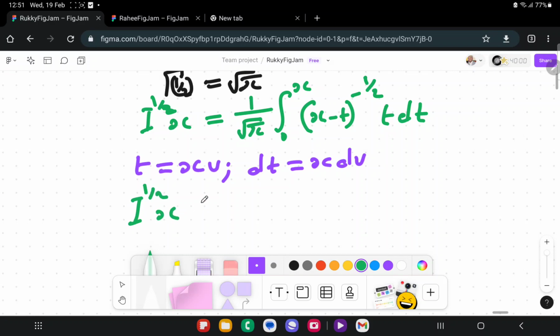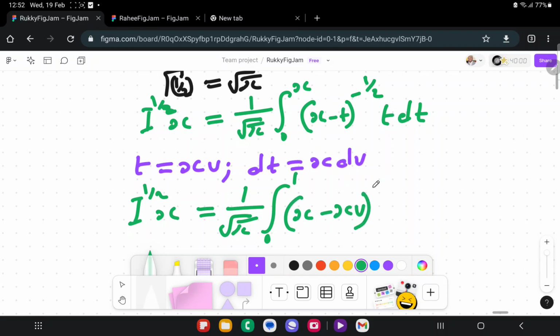We have the integral of x, which is going to be 1 all over the square root of pi times the integral from 0 to 1 of (x minus xu), since t is equal to xu, raised to power negative half, then we have t, which is xu, and then our dt, which is given to be x du.